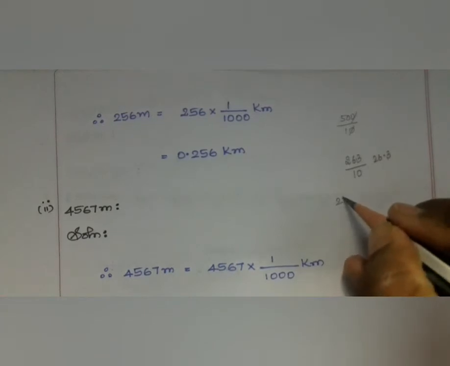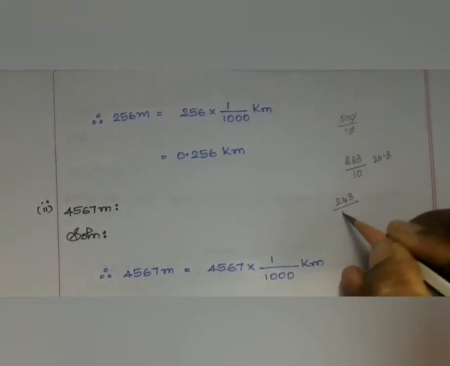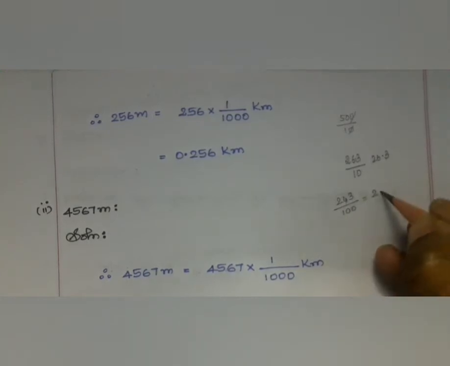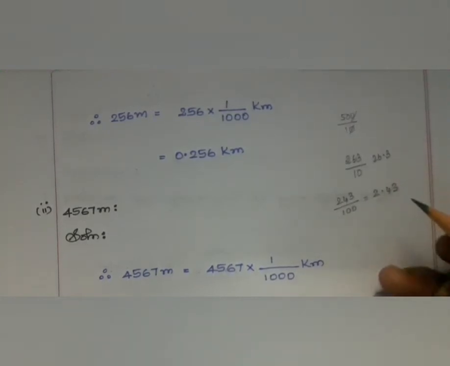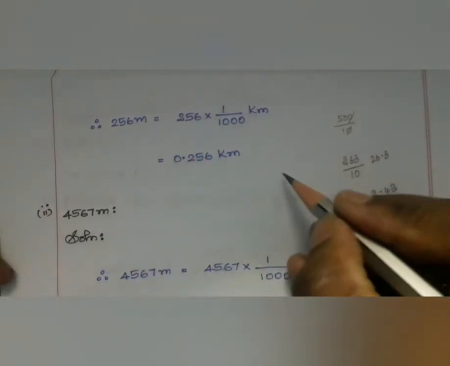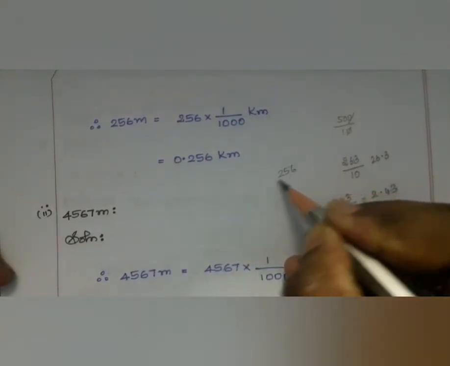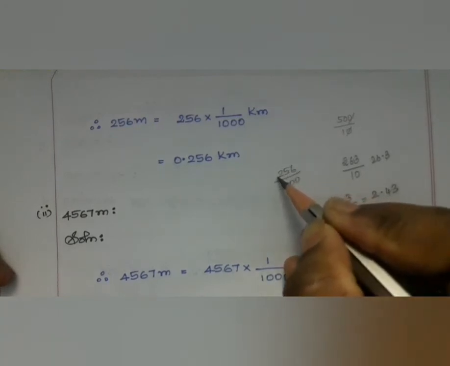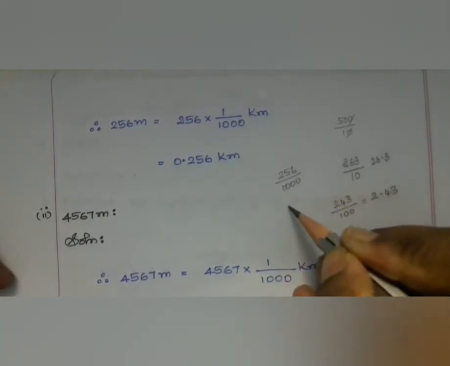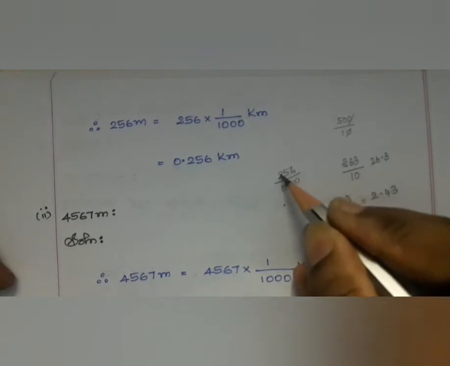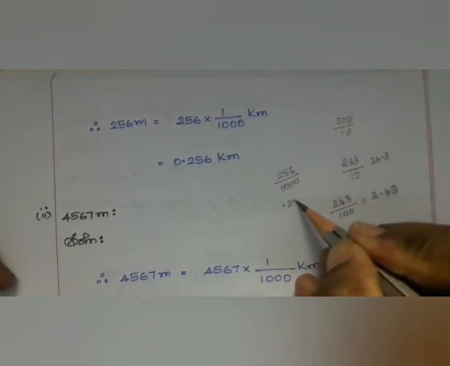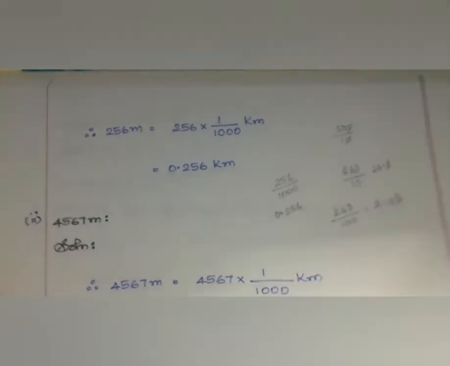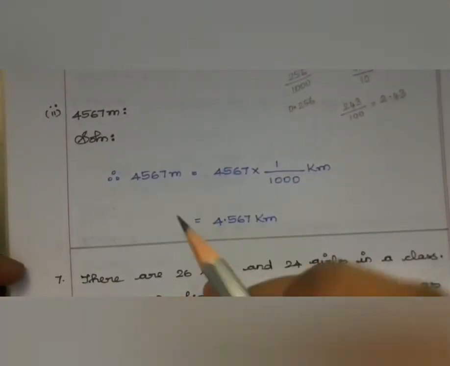If the question is 243 by 100, push the decimal point 2 places before the number, so 2.43. The same way now it has been given 256 by 1000. So we have to push the decimal point from the back by 3 digits, so 0.256. It should be written as 0.256 kilometer. Correct? Yes.